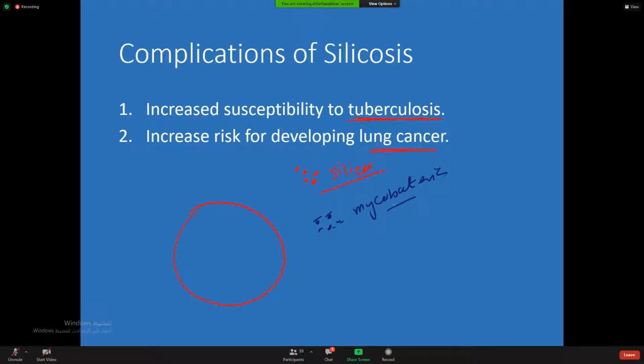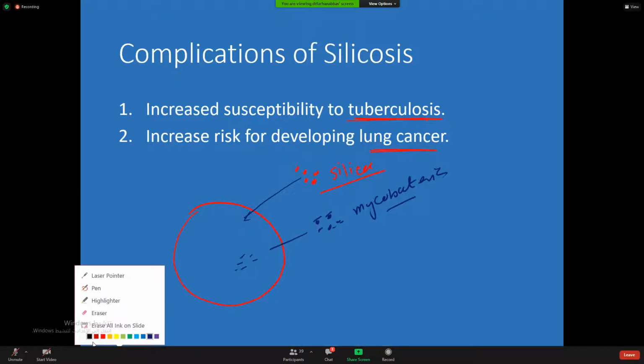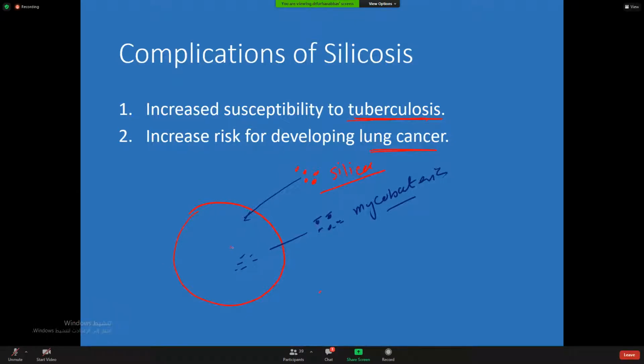So when they come inside, what is going to happen? This is the mycobacteria, and this is the silica nodules, and they are engulfed together in a structure called a phagosome.